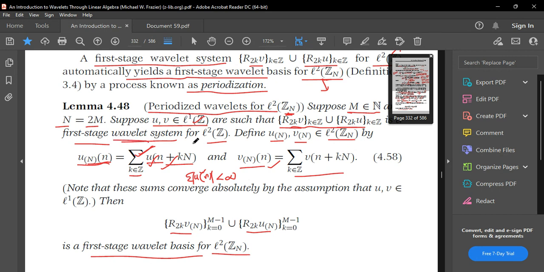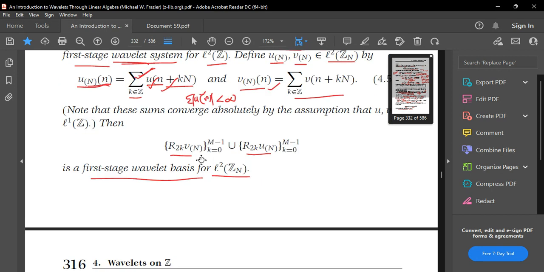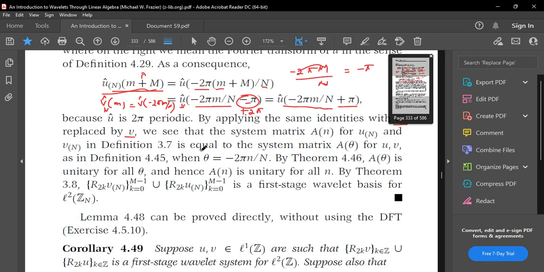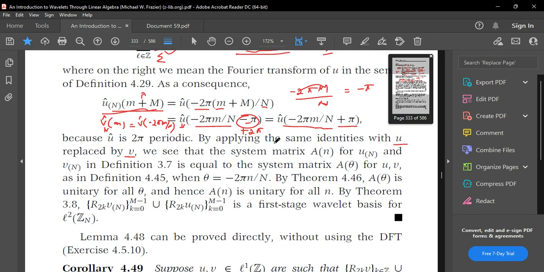So what will we get there? Their system matrix will be unitary. So for each theta, the system matrix A of theta for u and v will be unitary. If theta is equal to minus 2 pi m by N, this A of theta will also be unitary.